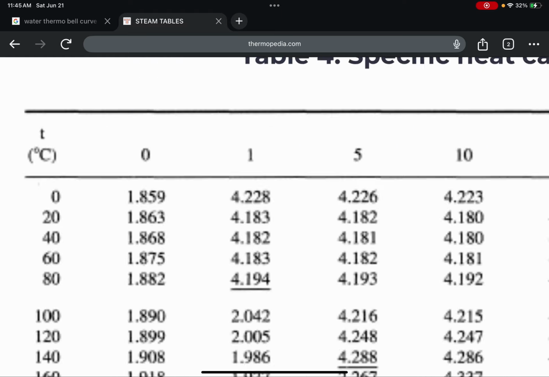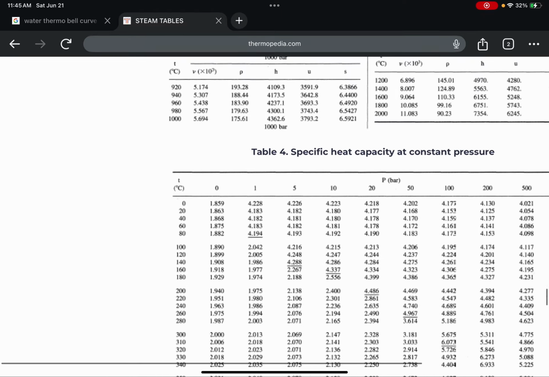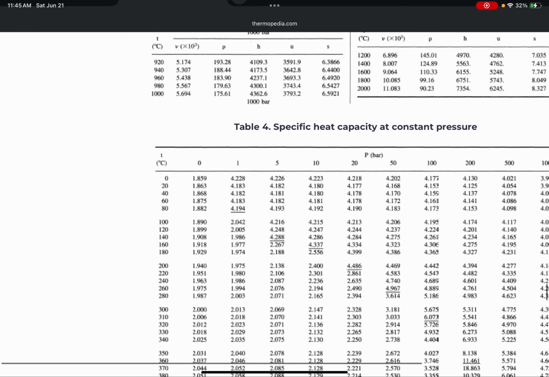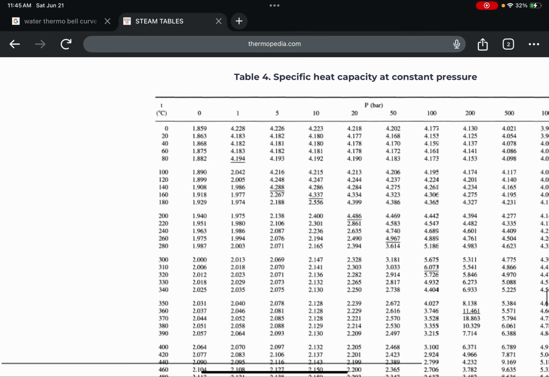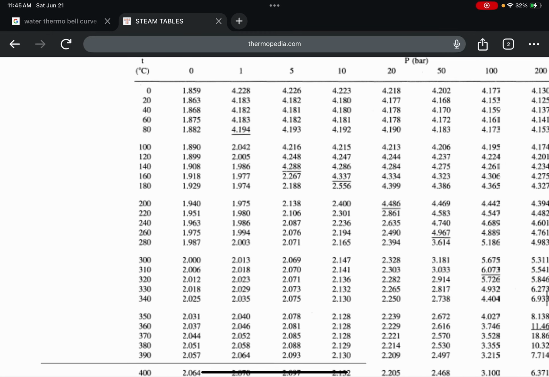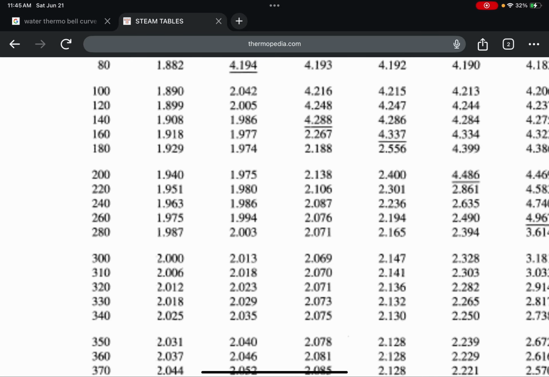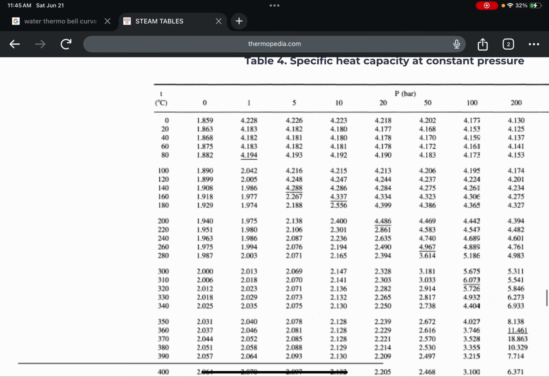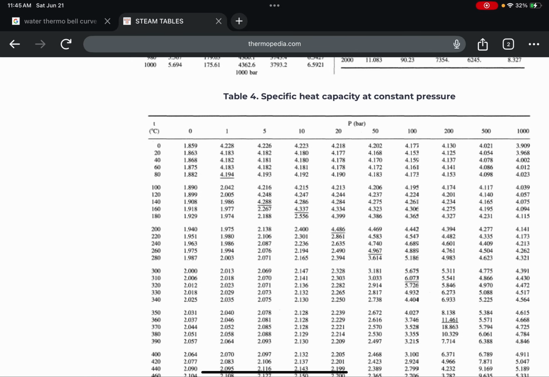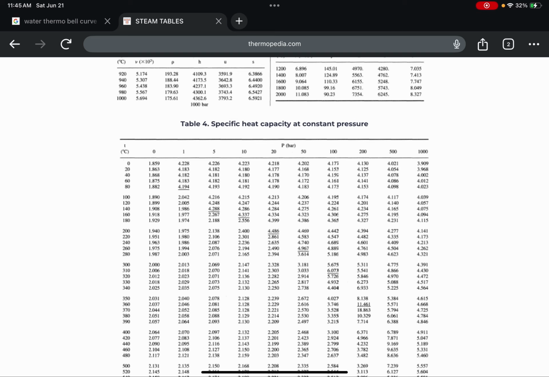So we would be at this 4.228 number. And we go to 300 Celsius. Dang, that's actually a huge drop. 2.013. So maybe the 300 Celsius isn't a very good rule at all.